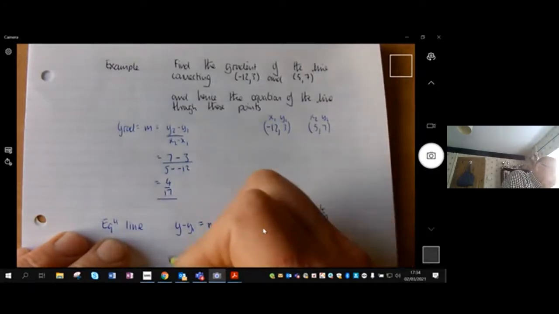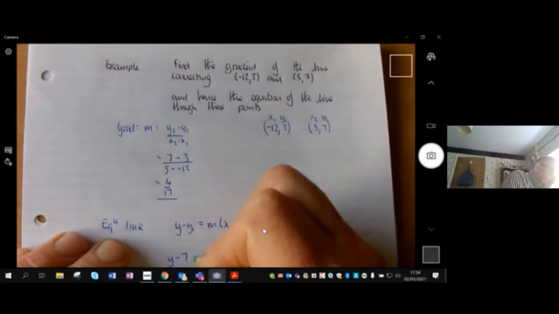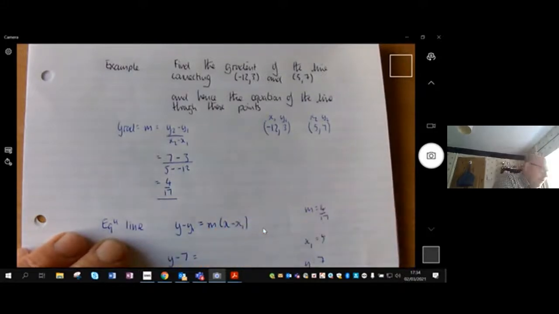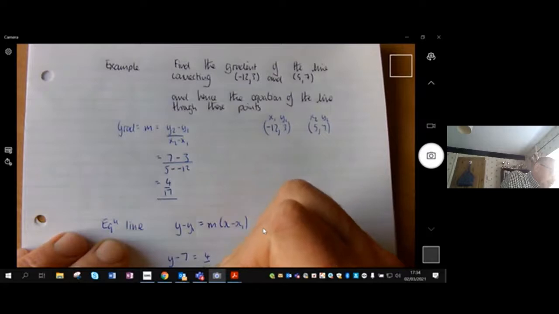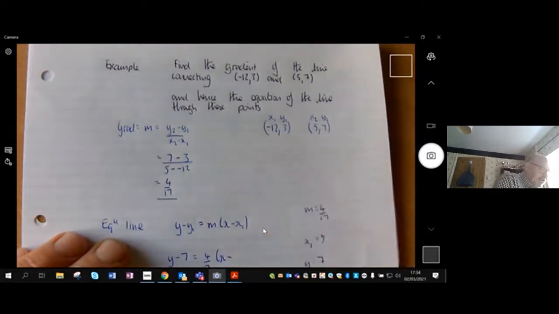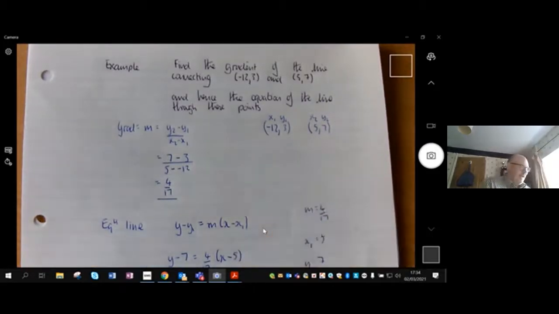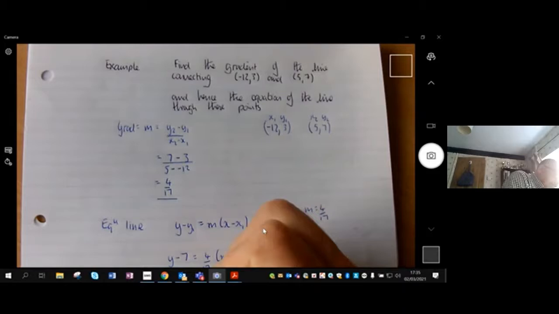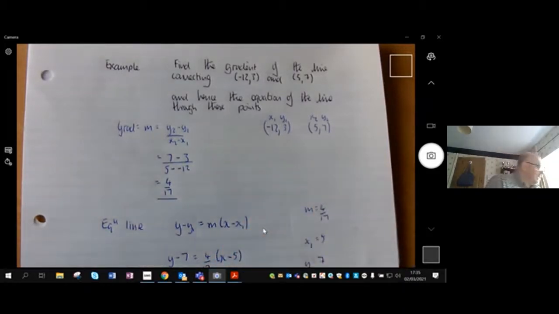So I've got y minus 7 equals 4 over 17, x minus 5. I'm petrified of making a mistake here and looking foolish. 17y minus... calculator. 17 times 7.